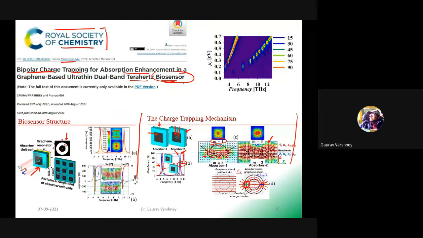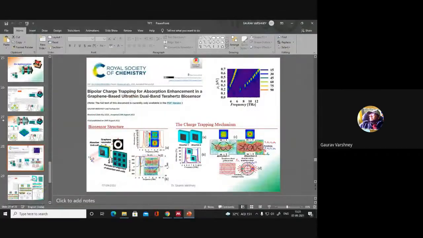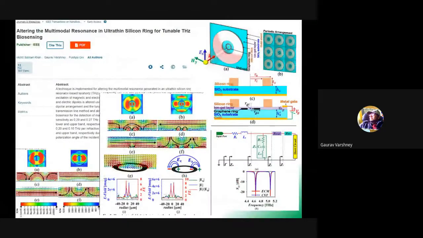You can see the red color showing the peak frequency of the absorption spectrum, and this peak frequency is shifting from 4 to 6 in the lower band and 8 to 12 in the upper band when we change the chemical potential of graphene. Okay, and our next article was recently published in August 2021 in IEEE Transactions on Nanobioscience.